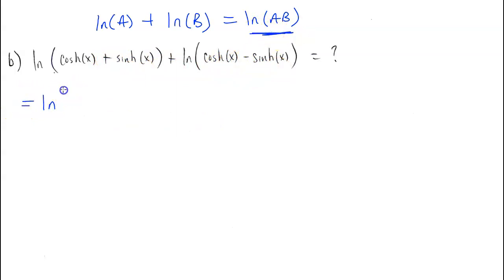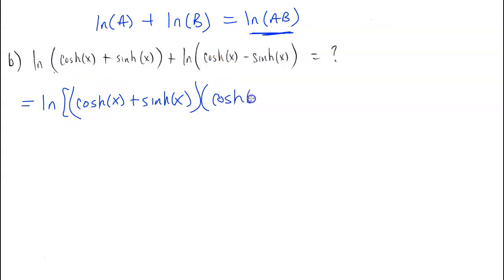So here, we could just multiply all this together. So we'll have this.